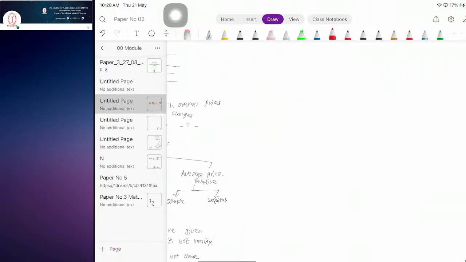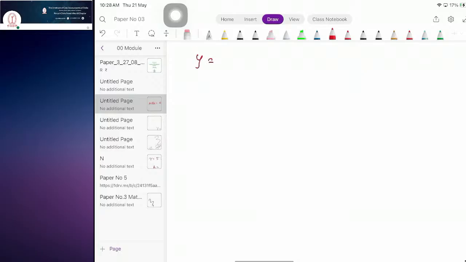If three functions are given to you, let's say y is equal to x, the second function is x square minus 1, and the third function is x cube plus 2.